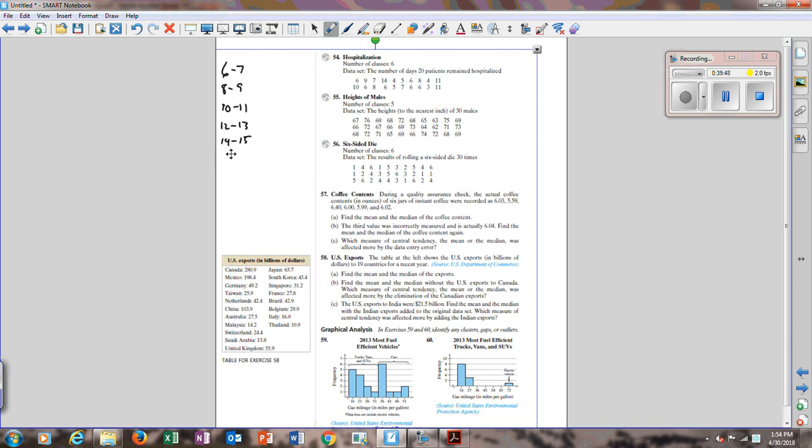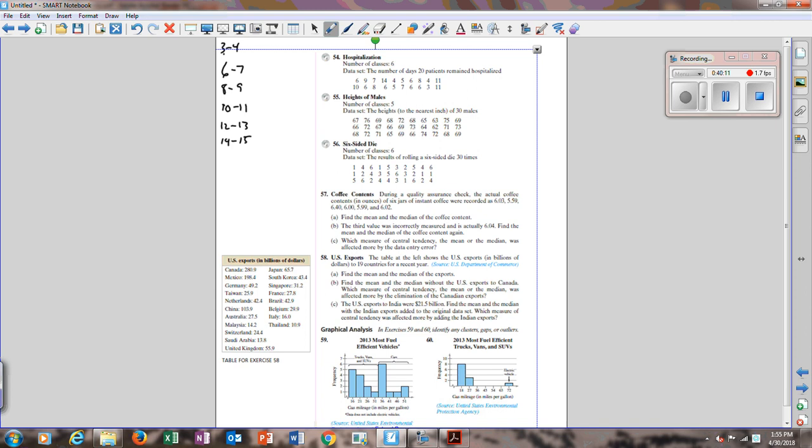This doesn't make any sense. Hold on a second here. 14 minus 3 is 11 divided by 6. Oh, I completely forgot, it should start at 3 to 4.